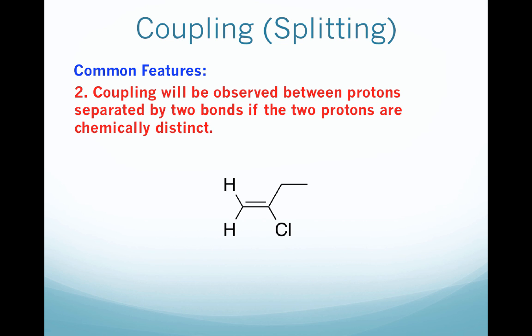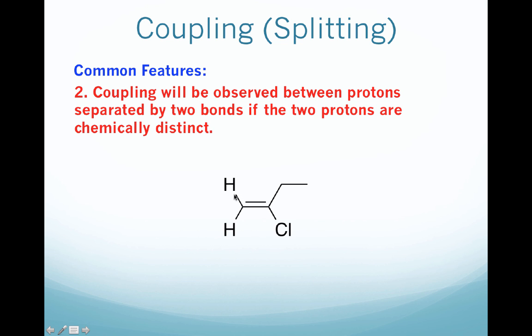Okay, the second important feature has to do with another type of coupling, and that is a 2-bond coupling. And 2-bond coupling is observed between protons separated by 2 bonds, but they also must be chemically distinct in order to get this.